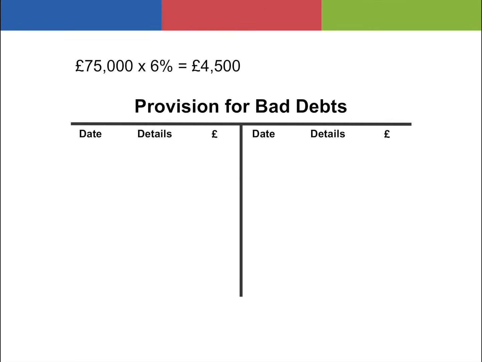The transaction took place on the same date, which can be shown as 30/11/2017. Then we will note the detail as profit and loss, because that is the name of the other account affected during the transaction, and it will be treated as an expense. And lastly, 4,500 is entered in the pound column.